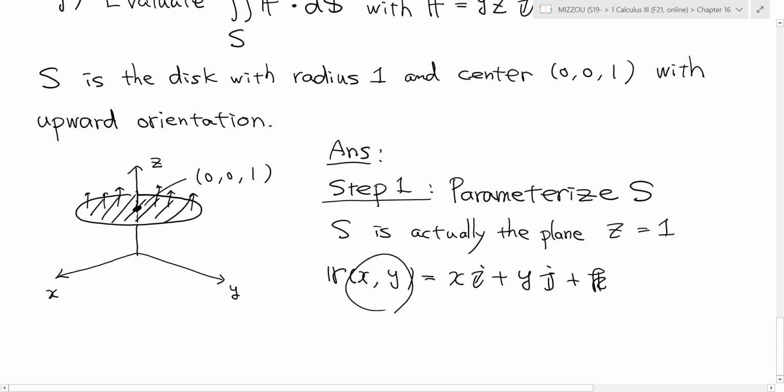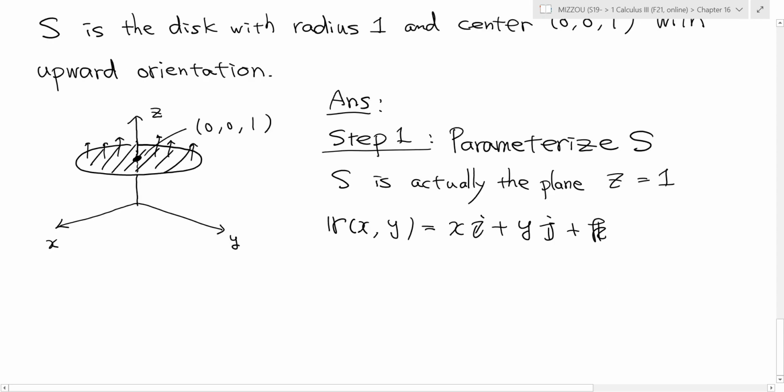Then now, what's the domain for x and y? Well, x and y moves around the region, the disk with radius 1. So in this case, xy just moves around the disk with radius 1.